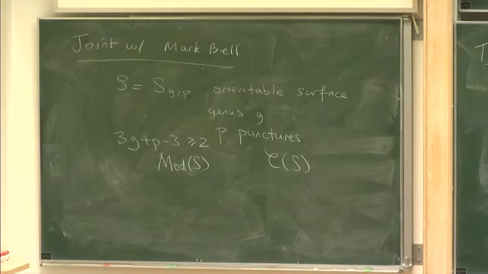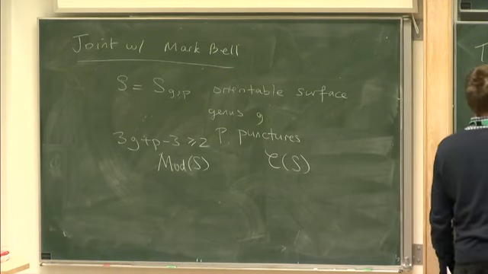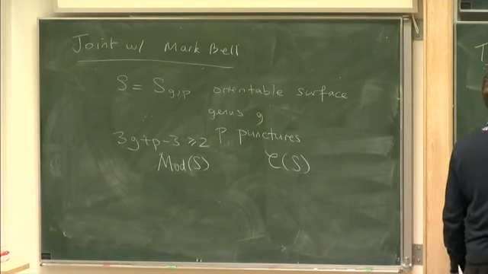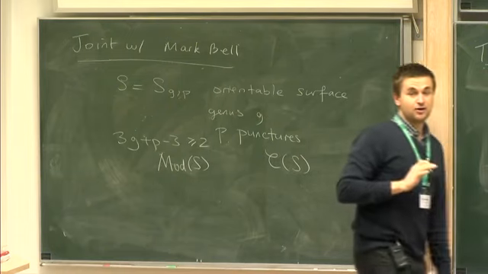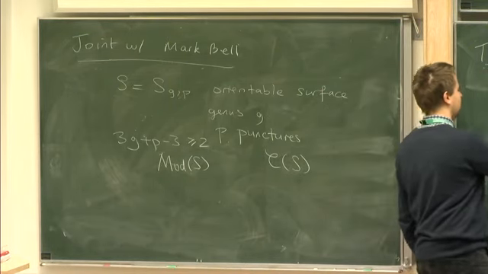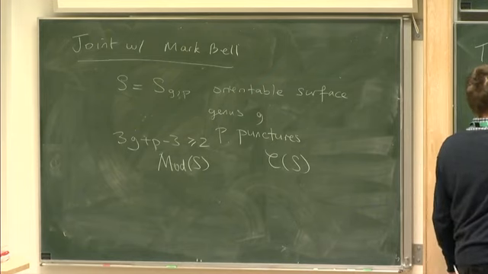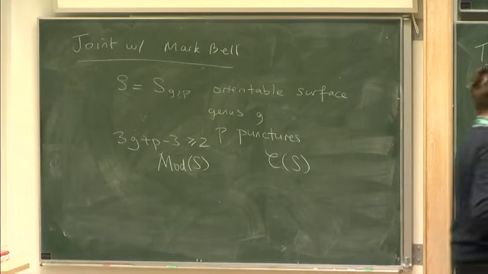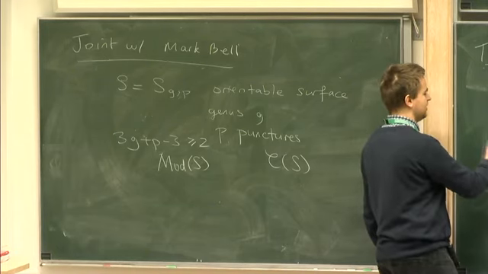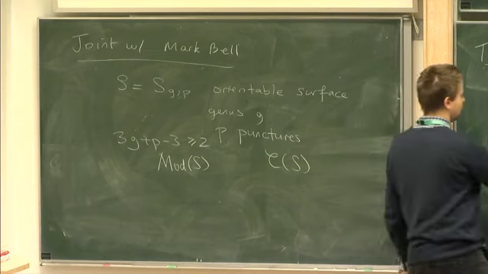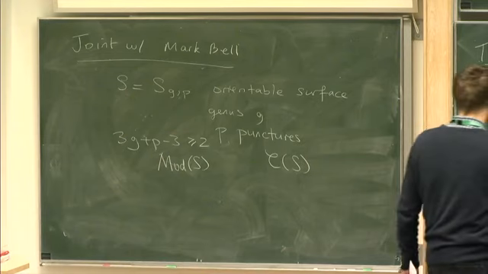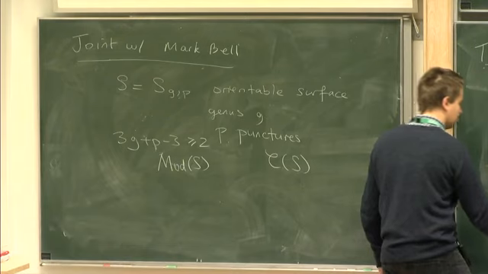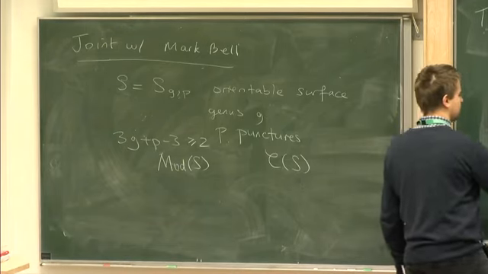We'll start with the theorem of Thurston. It goes back to the 70s. It states the following: let F be a mapping class, then at least one of the following three holds. Either F is periodic, so some non-zero power F to the n is the identity, or F is reducible, or F is pseudo-Anosov.